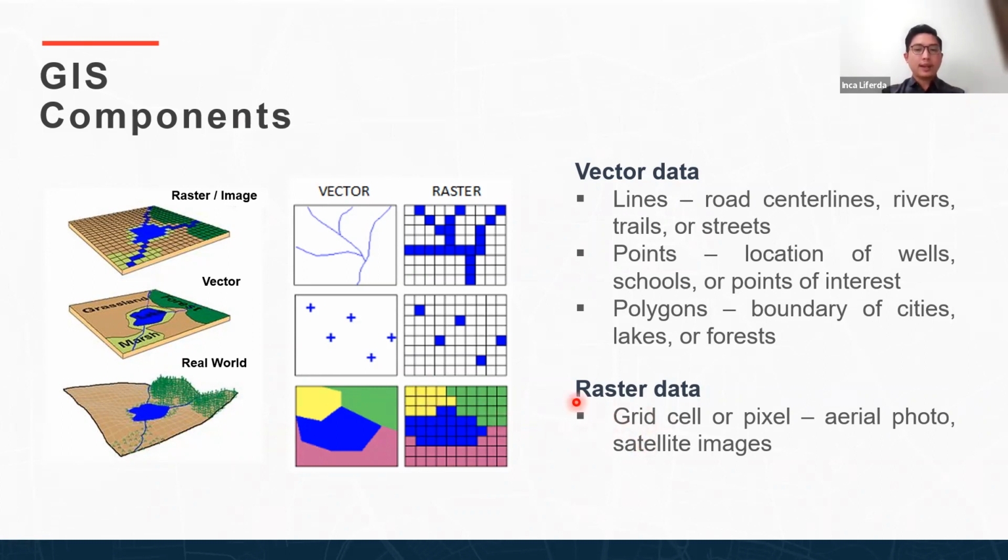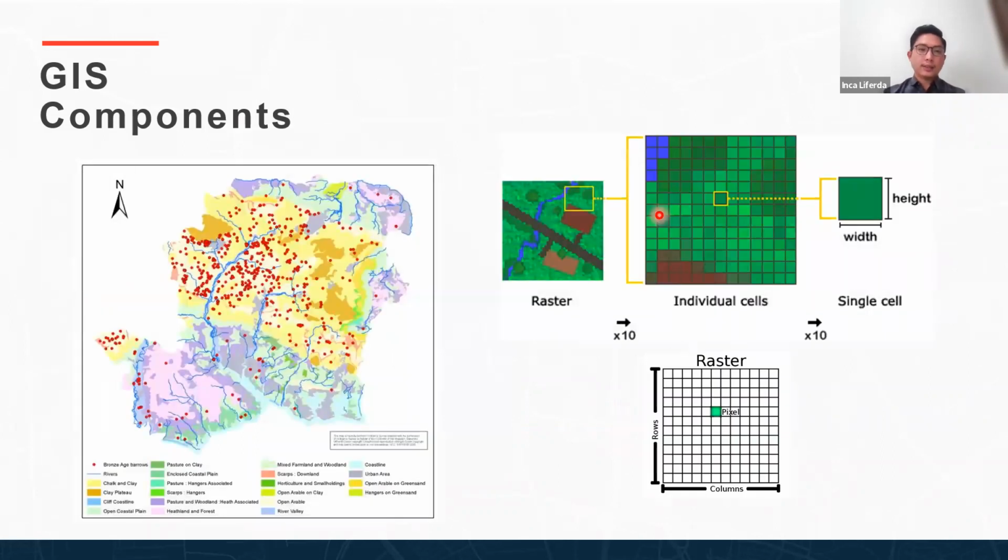Okay, but here I will explain more about the vector data, because we're mostly going to use vector data as the input in our routing problems. This is an example of a map using vector data.